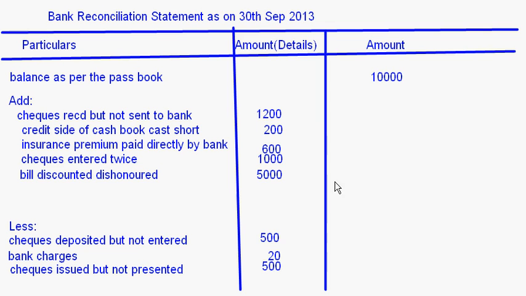Now we have put all of them in the add and less items, right? Now let's see the total of the add items and the total of the less items. So here it is 1200 plus 200 plus 600 plus 1000 plus 5000, that comes as 8000 rupees, right?